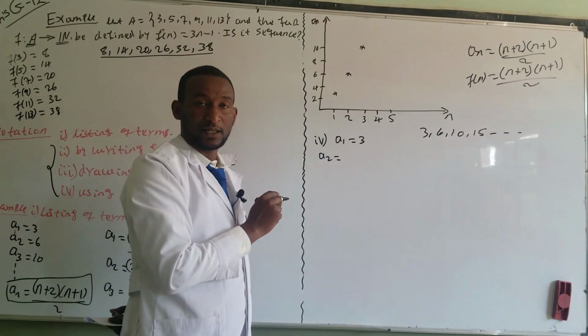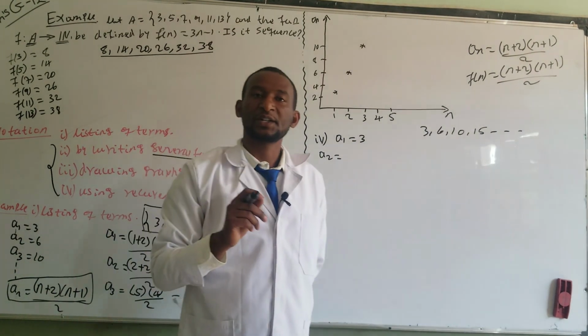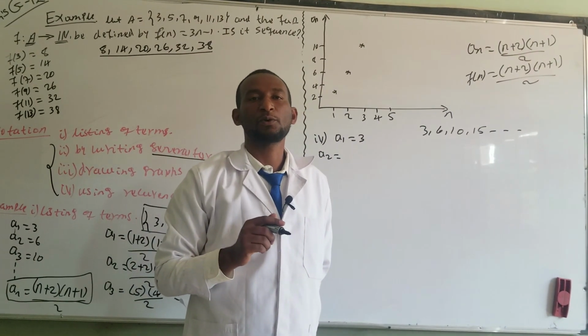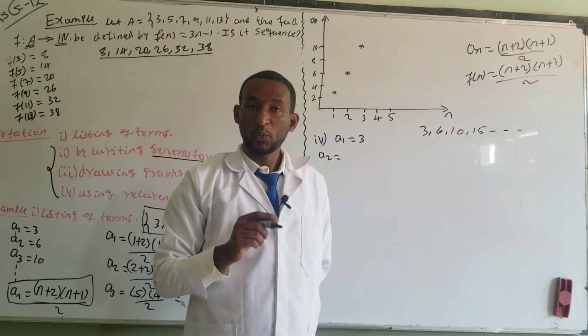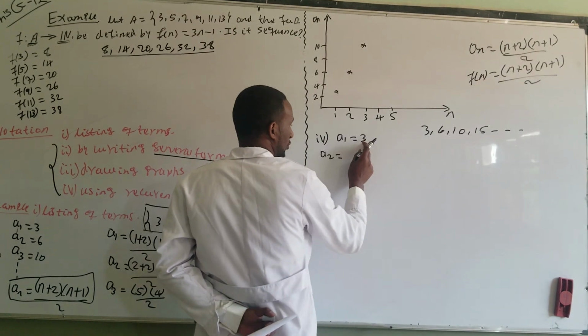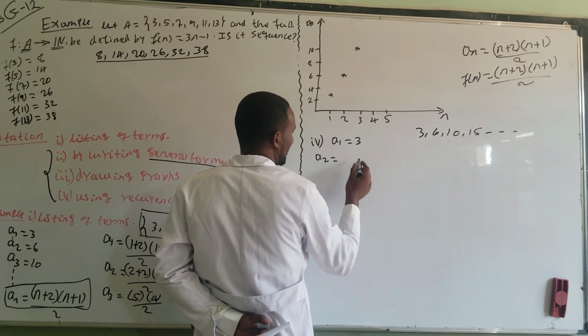We have to take a1 as the initial condition when we find the recursive formula for the given sequence; we have to have the initial condition. Then a1 is equal to 3, and a2 is 6.